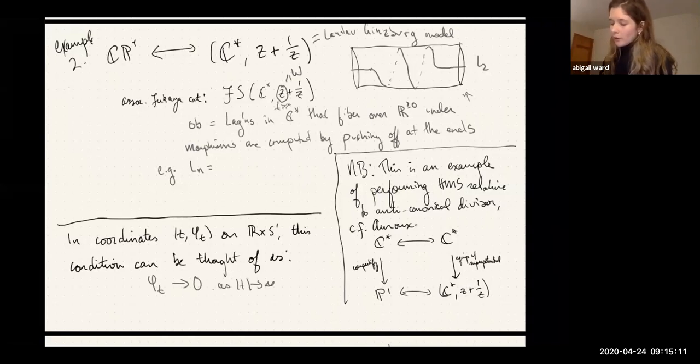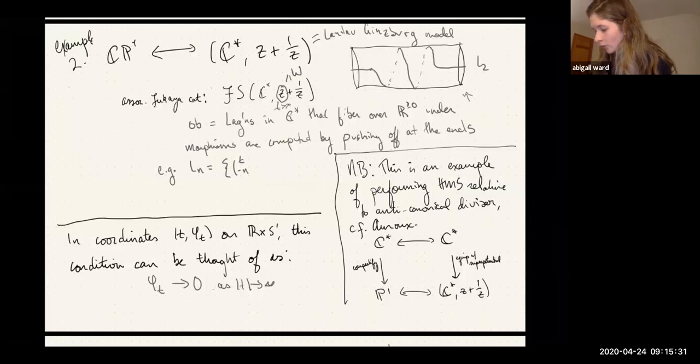Then in these coordinates, I could write L_n as the set of such things. I promise I have a reason for doing all of this, and I'm going to come back to it later.